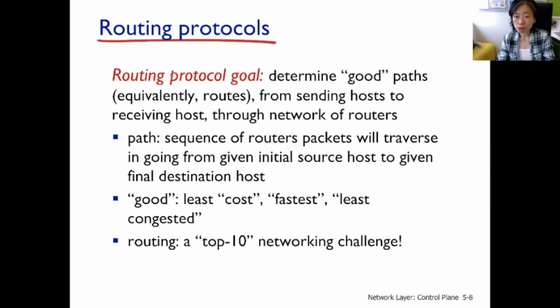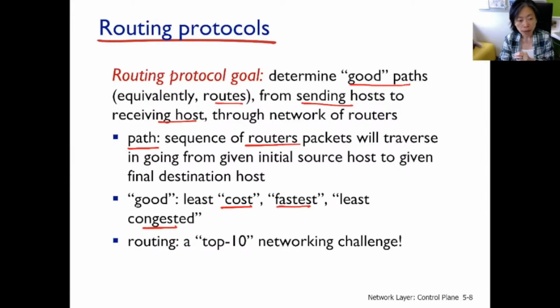A good routing protocol should be able to identify good paths or good routes from the sending host to the receiving host through this network of interconnected routers in the middle. So that is essentially trying to come up with a path. A path is a sequence of routers, one connected to another, connecting the initial source to the final destination, such that this path is the least in cost, so we pay the least, or the delay is the shortest, or the promised bandwidth is the highest, therefore the congestion level will be the lowest.